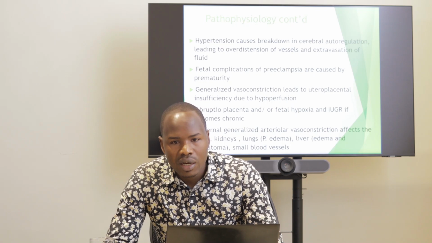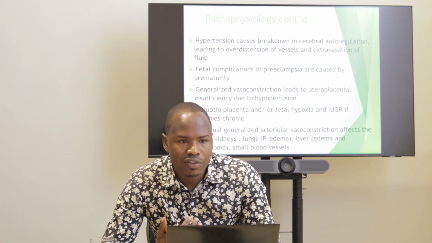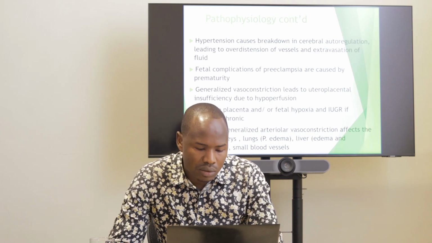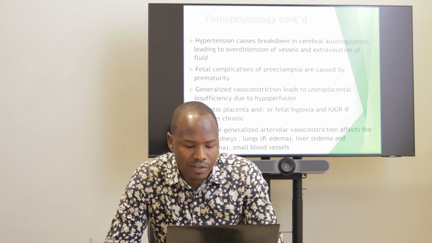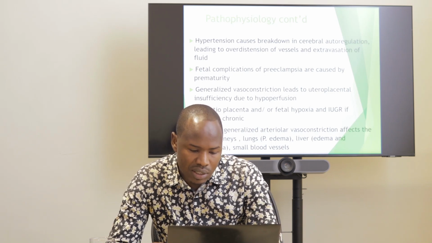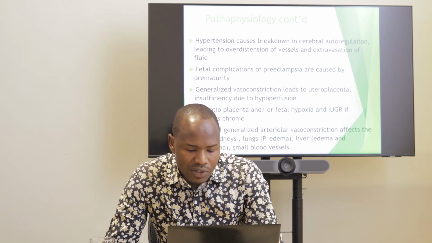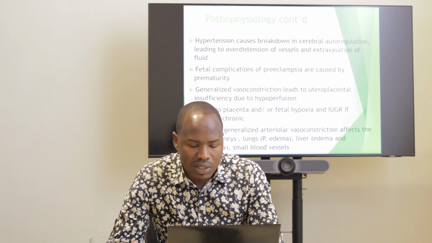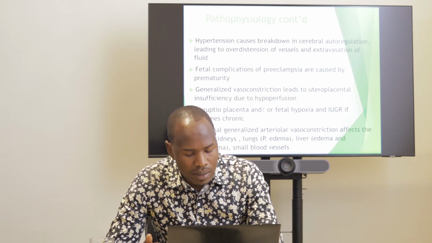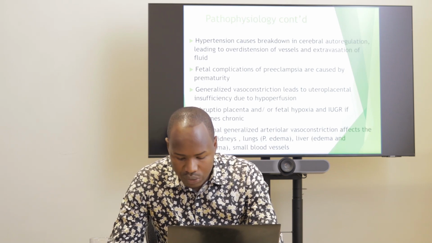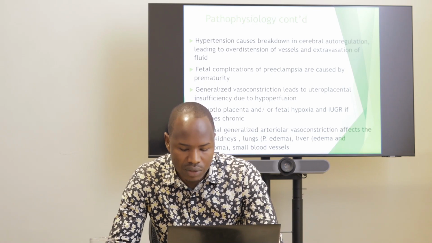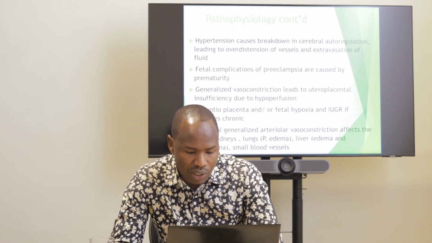That is where we have to immediately refer the client to a higher facility when we are in a low resource setting. When small blood vessels are affected, there will be hemolysis and also thrombocytopenia that can happen as complications of high blood pressure during pregnancy.